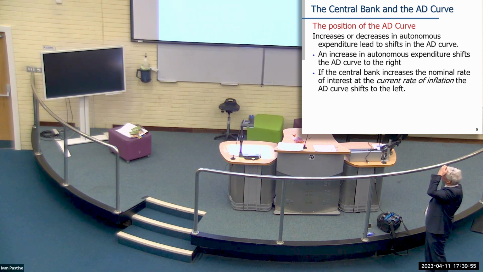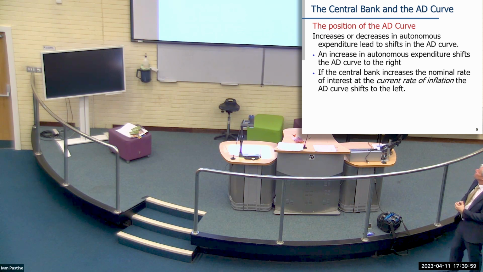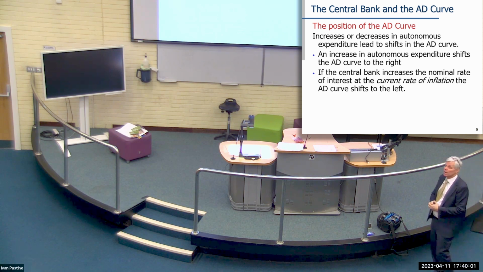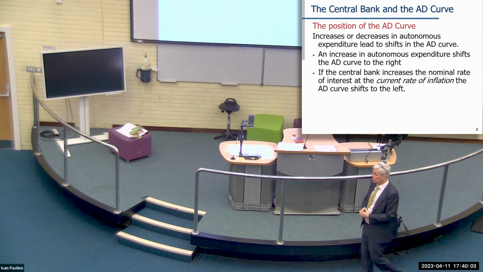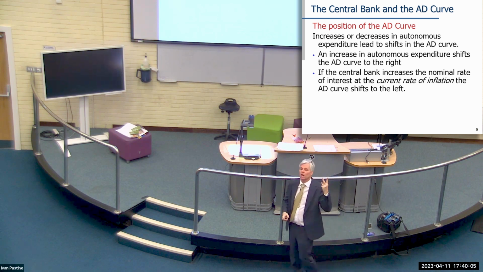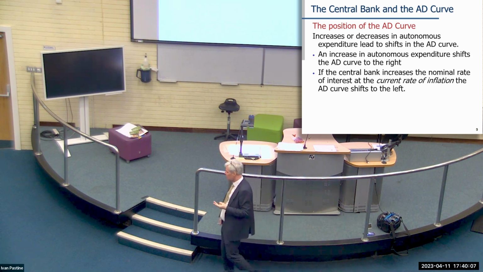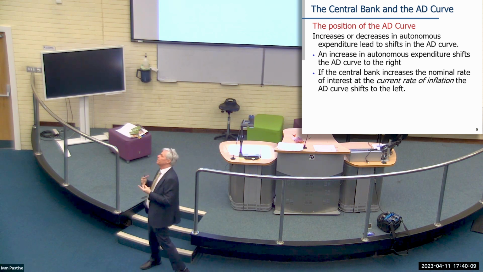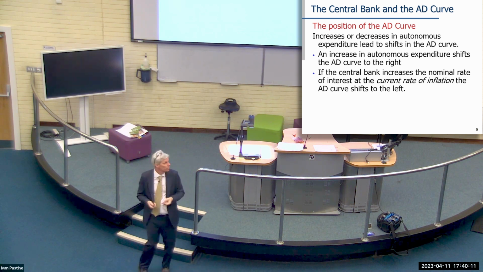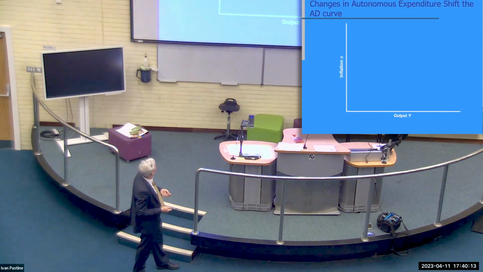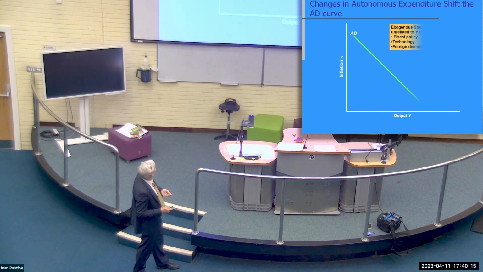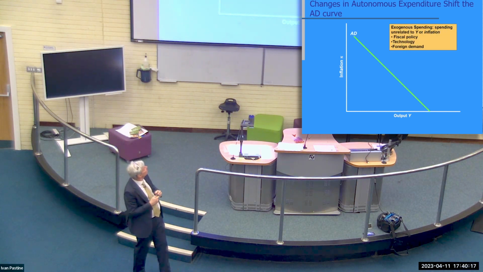Okay. So in particular, one of the things that we want to talk about is the interest rate, because we're going to want to talk about policy. We're going to want to talk about fiscal policy. We're going to want to talk about monetary policy. And so we need to know how fiscal and monetary policy affect this curve. So one thing, we could change autonomous spending.